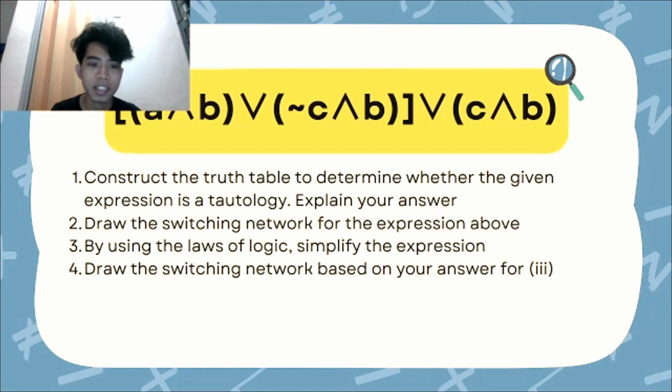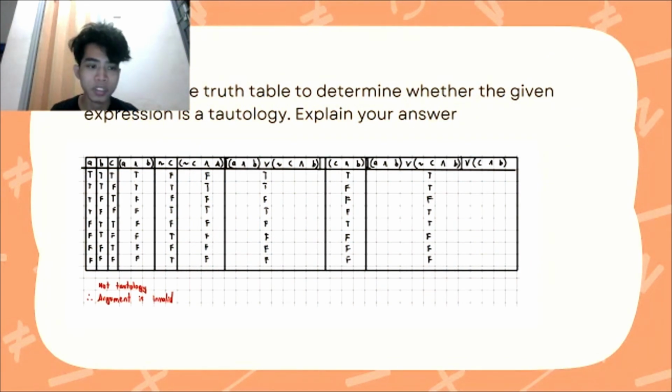As you can see here, the expression we have been given has three variables, which are A, B, and C. First off, I will be explaining the truth table. The truth table has three inputs, A, B, and C, so we will have 8 rows of data.